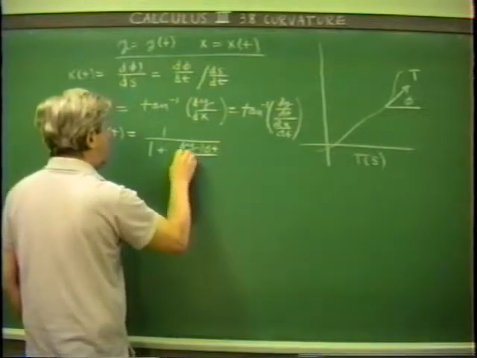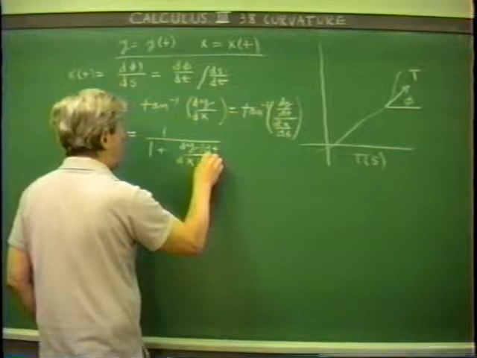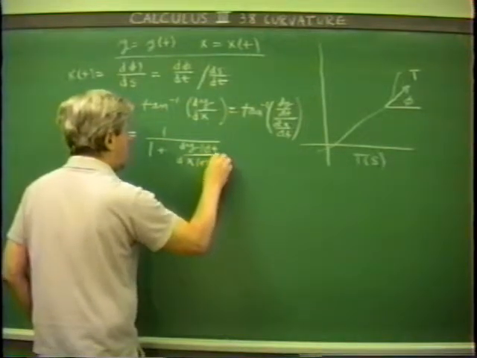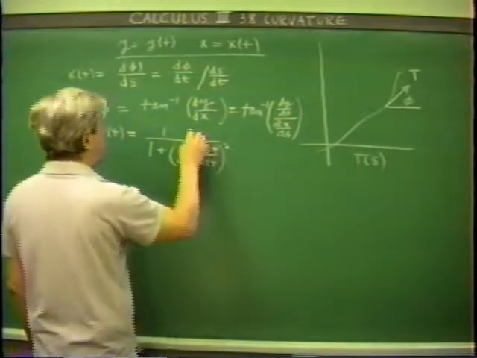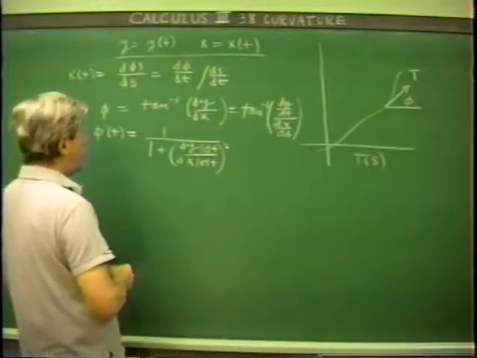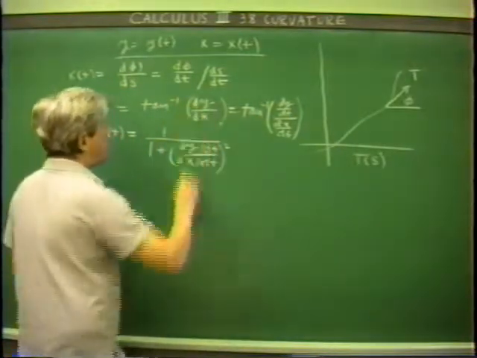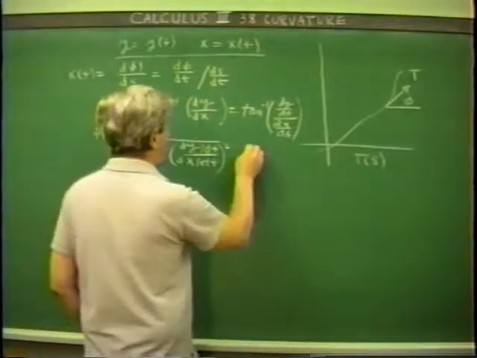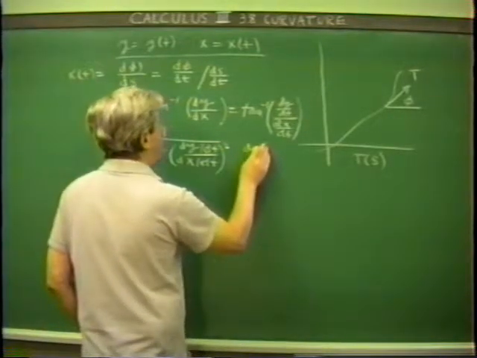So 1 over 1 plus dy/dt divided by dx/dt, quantity squared, times the derivative of dy/dt over dx/dt, which is a quotient.